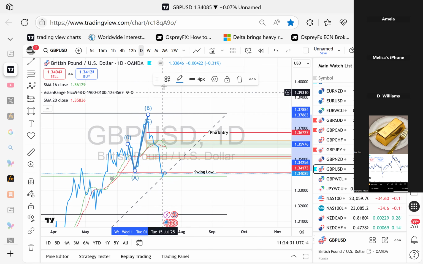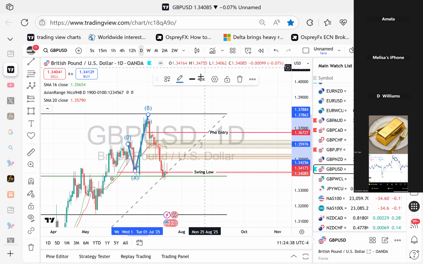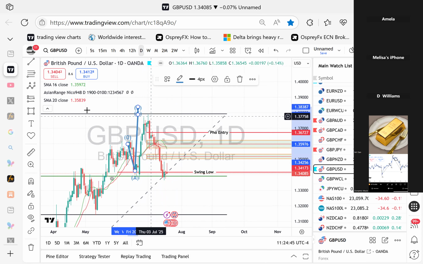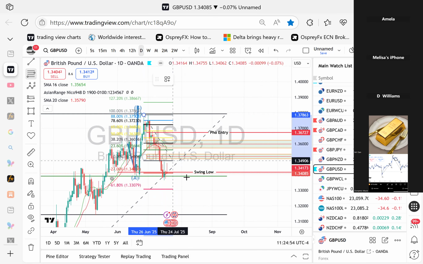So if I expect a pullback, because your question to me was, when do I buy, right? How do I know to buy, correct? Because we broke structure. Since we broke structure, I can place my Fibonacci from this high to this low.